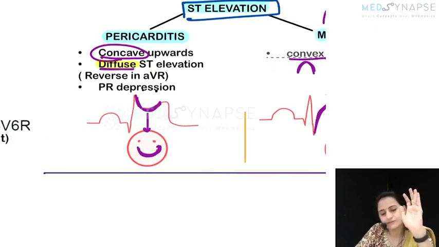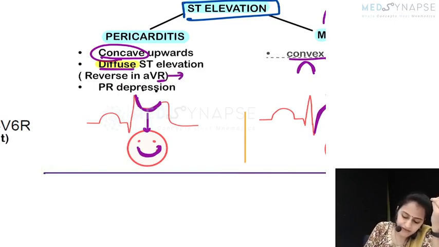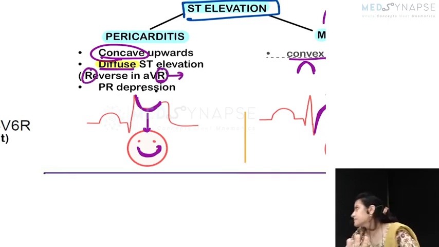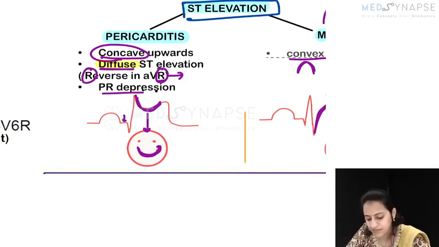It will be seen in all leads. Except which lead can show the depression? AVR. Right? AVR goes the opposite way. Remember reverse in AVR. So along with ST elevation in pericarditis, you have the PR depression. ST elevation, PR depression.